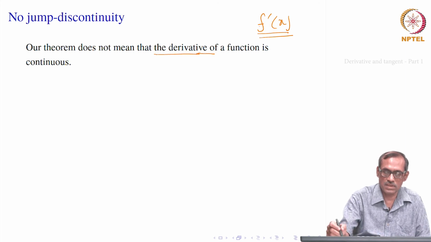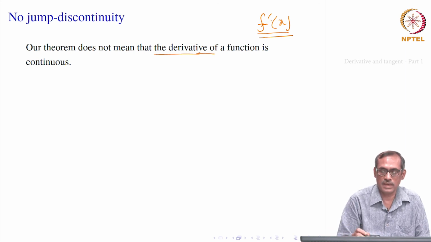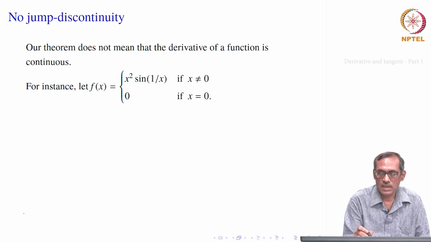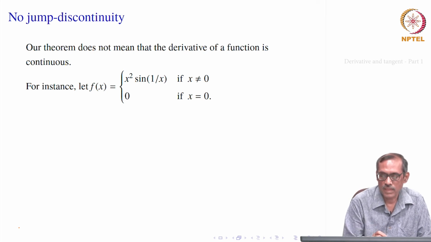So, this is something else, whether the new function is continuous or not. We can have examples for that. Let us see the function f of x equal to x square into sin 1 by x if x is not equal to 0, and 0 if x equal to 0. Is it differentiable at x equal to 0?